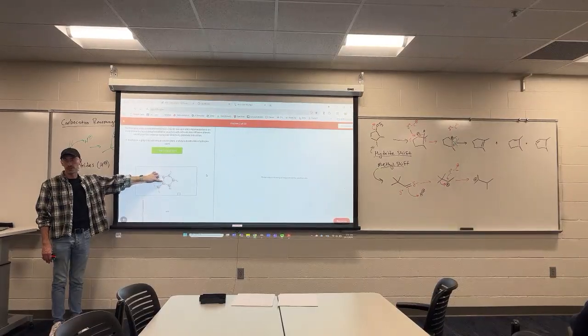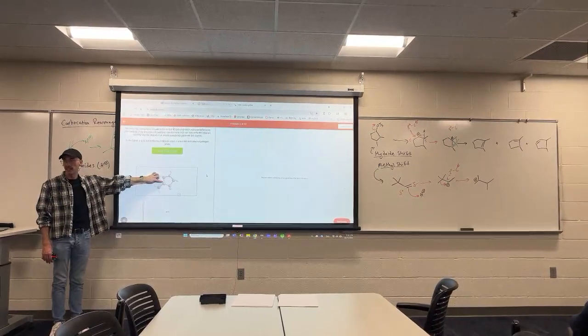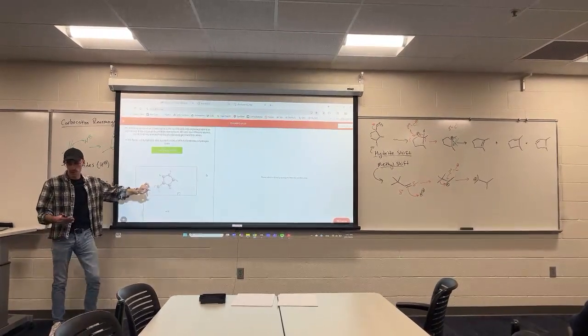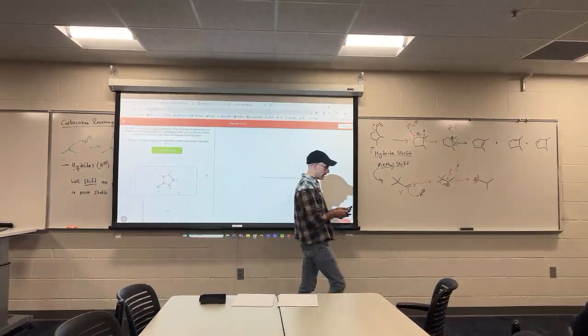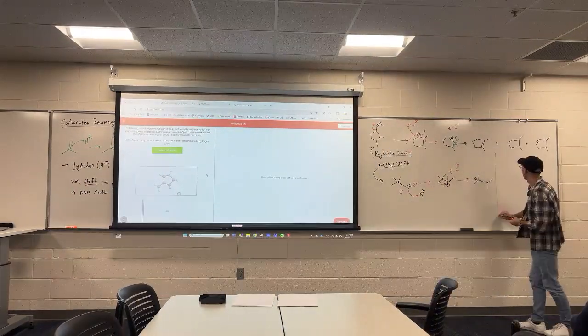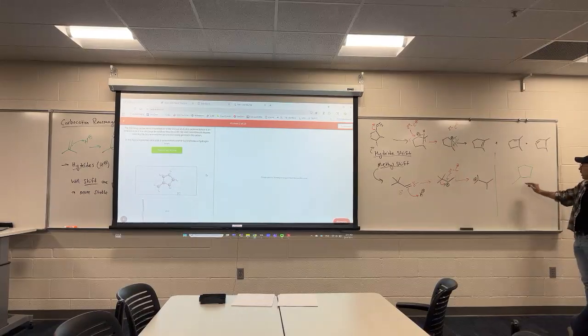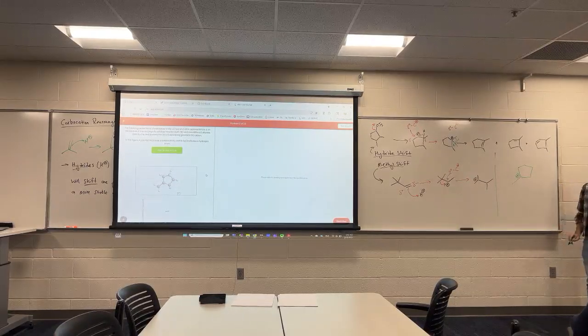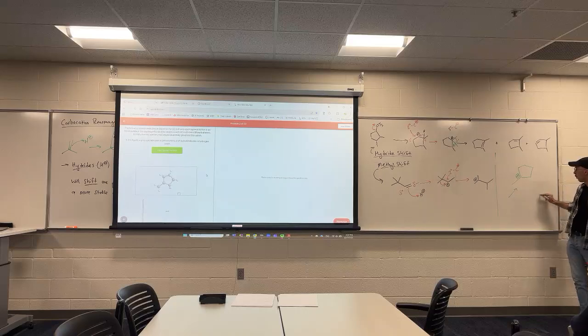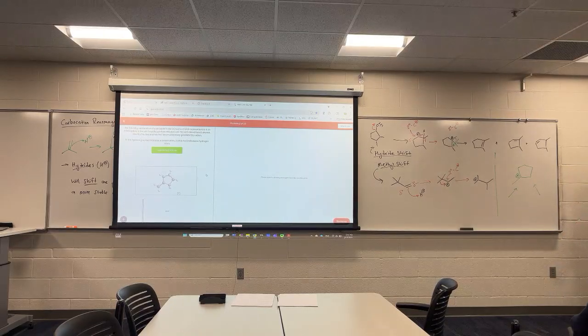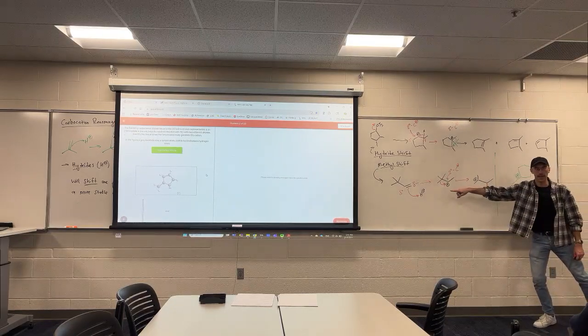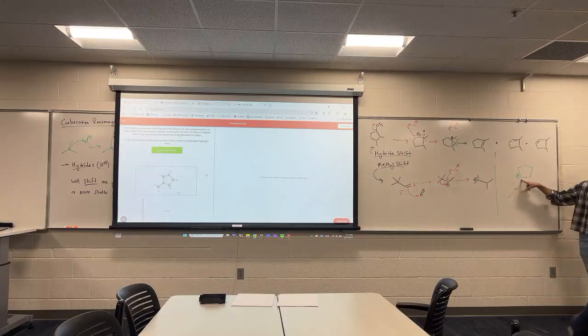If it's bonded to 3 things with no hydrogen, that means it has a positive charge. So we're looking at a cyclopentane ring with a methyl group coming off and a positive charge. And the question is, what 2 alkenes will react with acid to selectively form this carbocation?